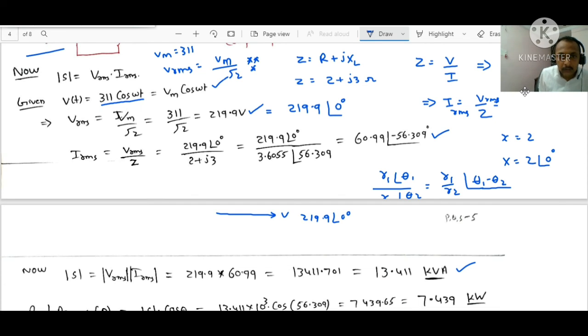This is V. What about I? 3.66. If you draw it in the form of a diagram, this is I. But at what angle? Is the angle positive or negative? Positive. So that will be the angle between the voltage and current.